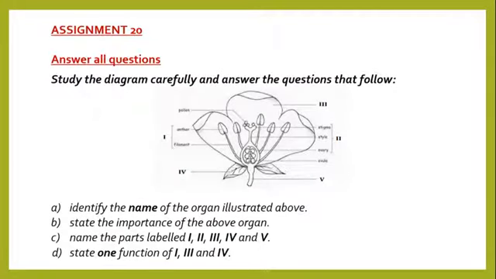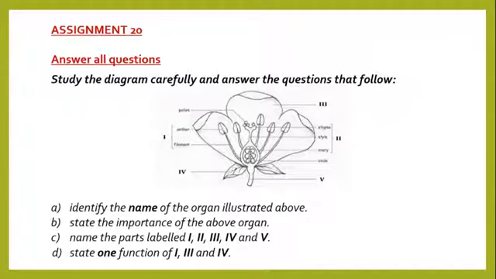Now the assignment is more of a practical test. So study the diagram carefully and answer the questions that follow. Please do not draw the flower. Just answer the questions by using letters A, B, C, and D. A. Identify the name of the organ illustrated above. Please, I want the full name of the organ.